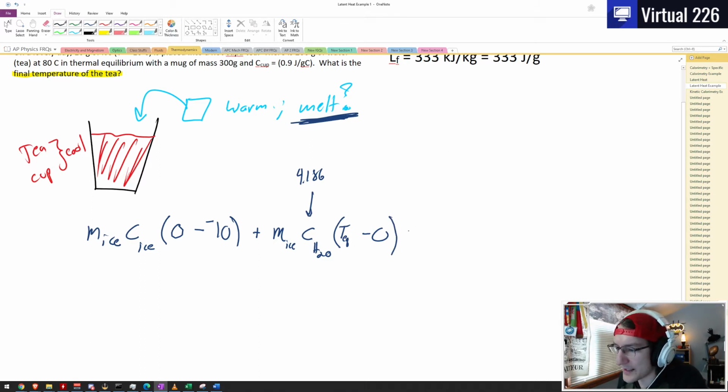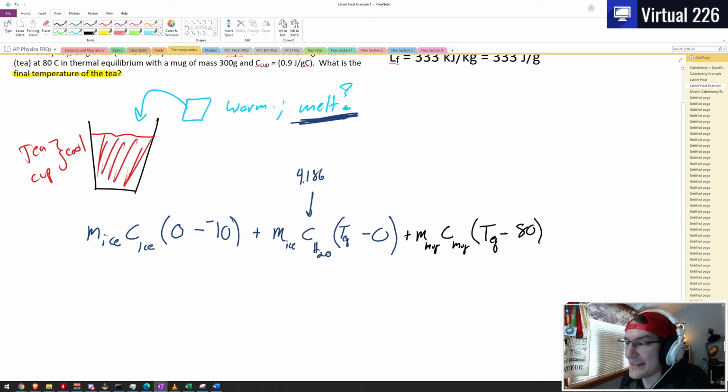When we add this to the mug, we've got the mass of the mug, we've got the specific heat of the mug, and then it's going to reach some equilibrium temperature, and it started at some initial temperature, which was 80 degrees Celsius. And then we have the tea itself.